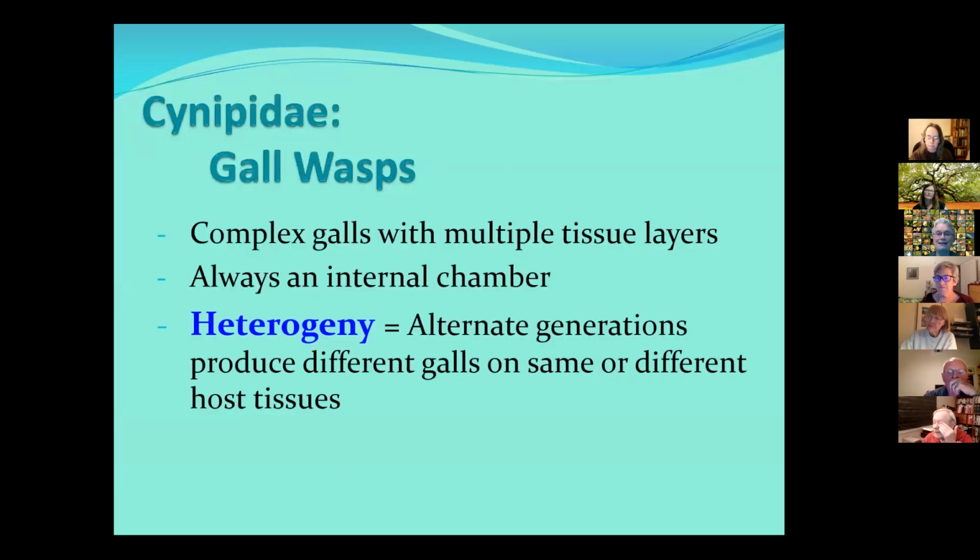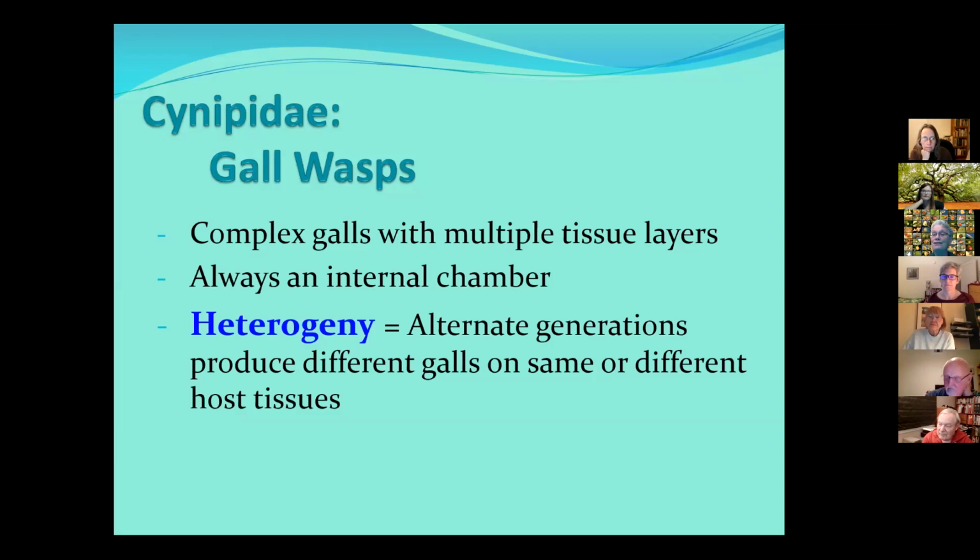So before I get into this, I'm going to tell you, I don't have it listed, and it may come up soon. We have a truly asexual generation, okay? All female, all of them ready to lay their 300 or 350 eggs, depending on how many they have, ready to lay them the minute they come out of the gall.